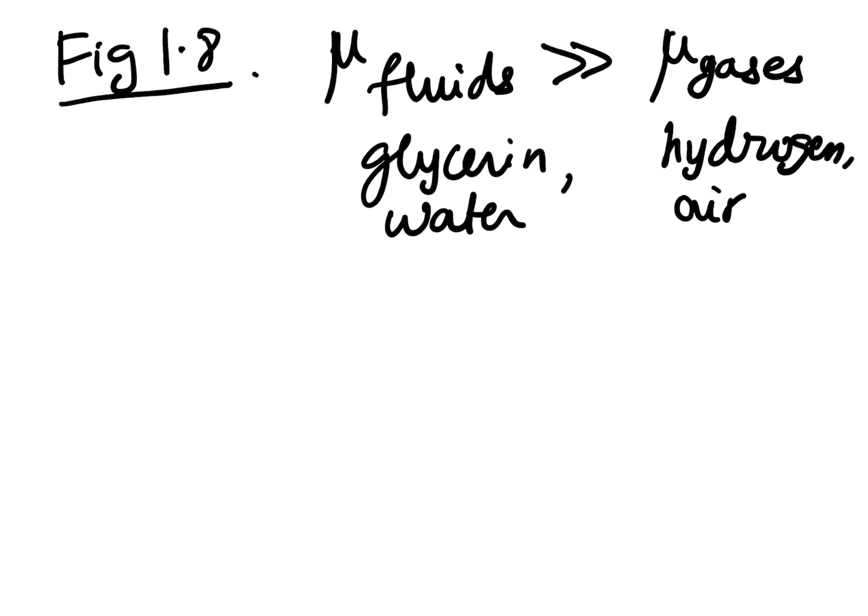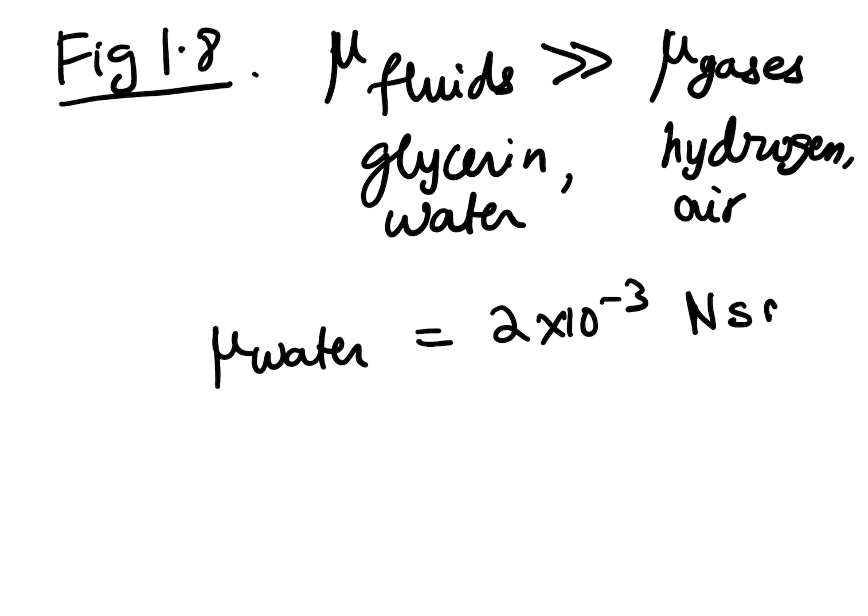So viscosity of fluids is definitely on the order of 10 or 100 times more than that of gases, or at least even maybe 1,000 times more. For example, the viscosity of water is about 2 times 10 power minus 3 in units of Newton second per meter squared.